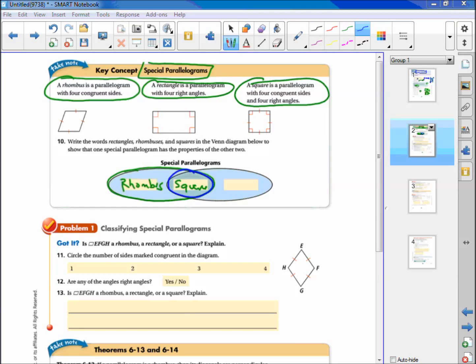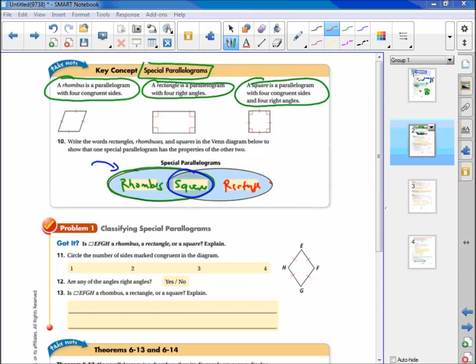Notice that blue circle is inside the rhombuses, because every square is a rhombus, but the rhombus has extra stuff because there are some rhombuses out here that aren't squares.